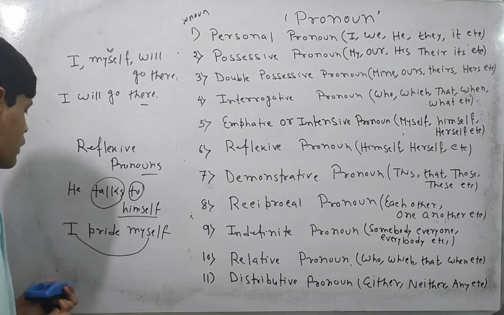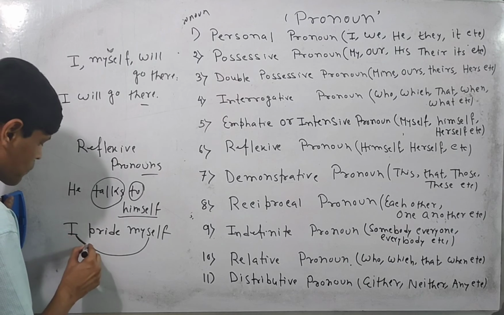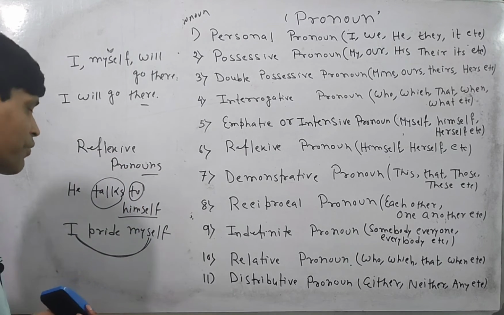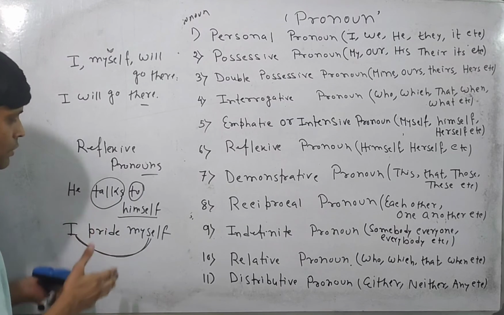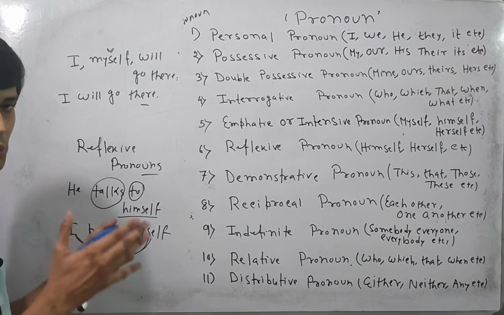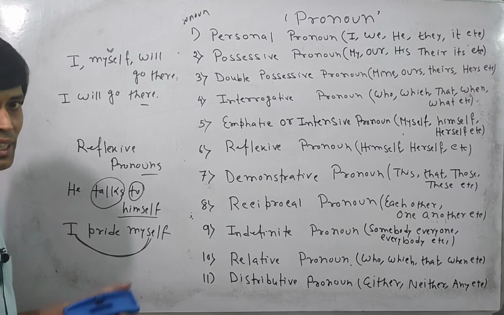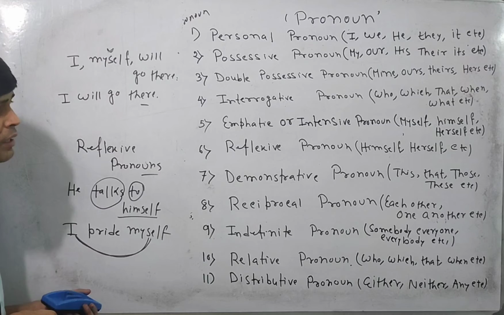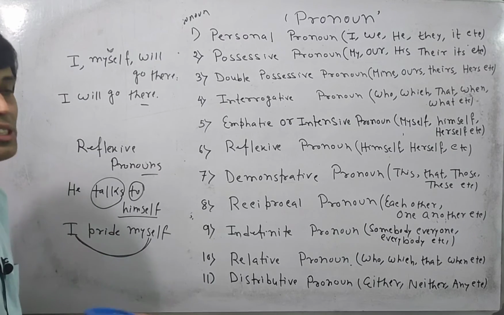Here the reflection of the subject has fallen upon the object. This is a reflexive pronoun. So it is an essential part, because without objects we cannot make any sentence meaningful. But on the other hand, an emphatic pronoun is an extra part, an extra addition.